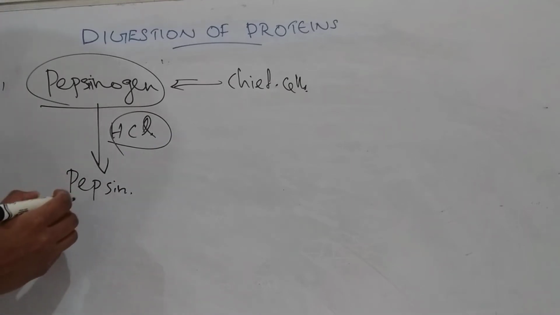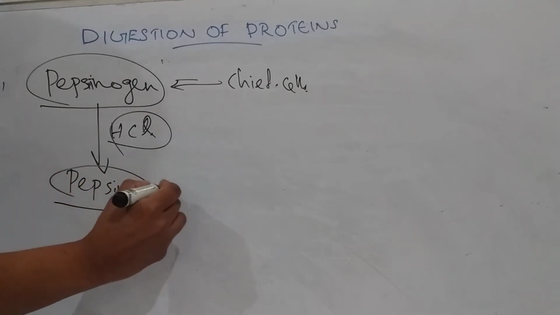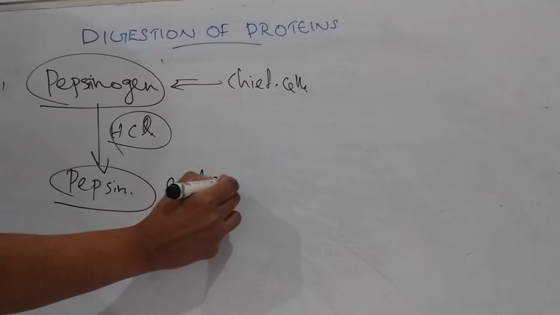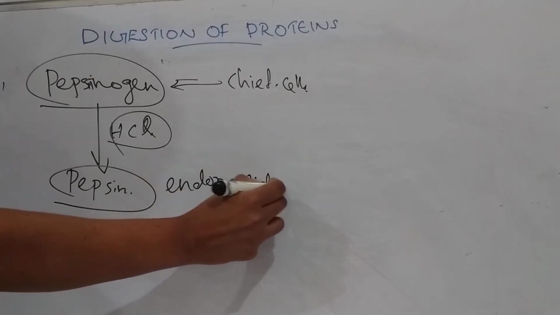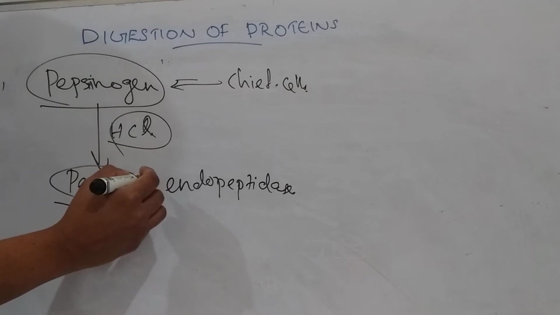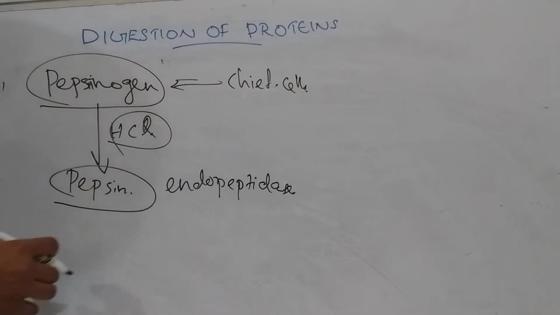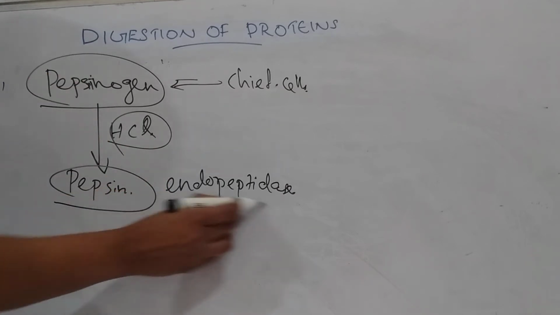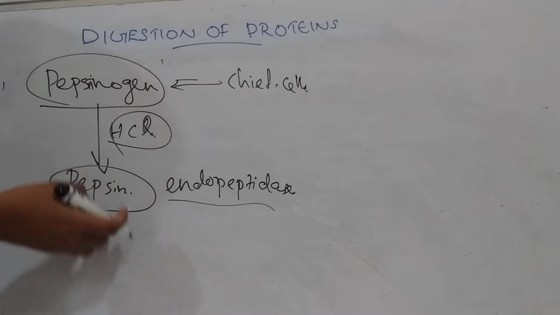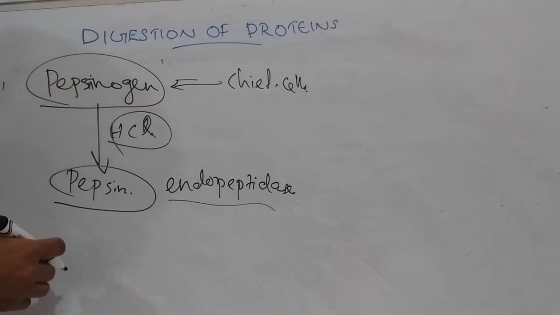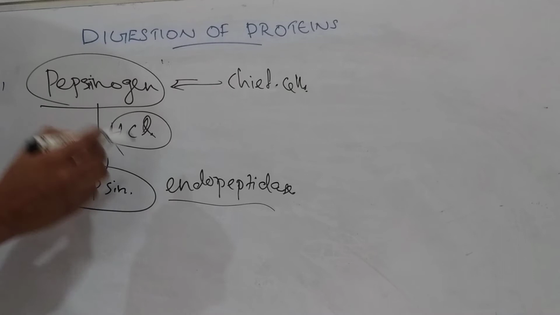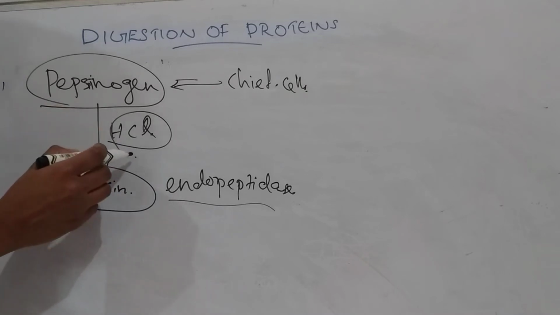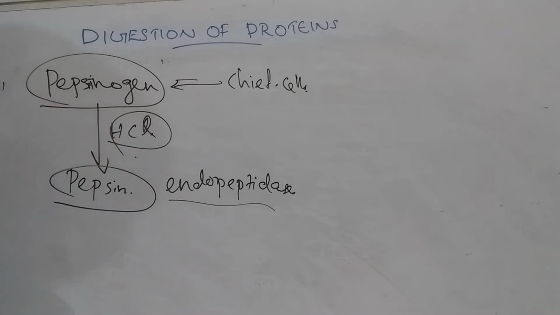This pepsin is an endopeptidase, and it hydrolyzes peptide bonds inside the protein molecule. That is why the name endopeptidase. Here, HCl provides the optimum pH for the action of these enzymes.